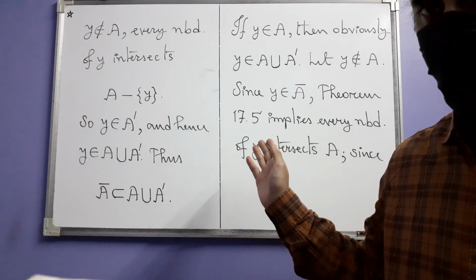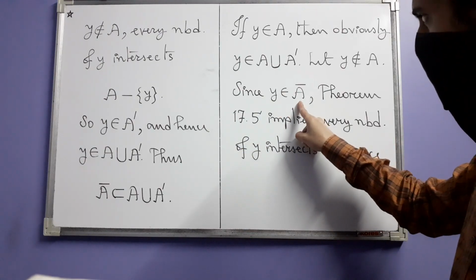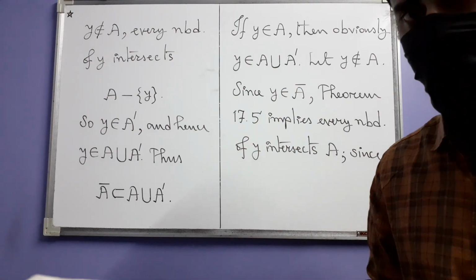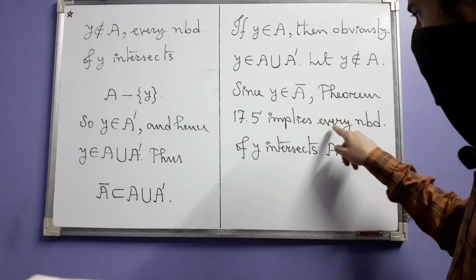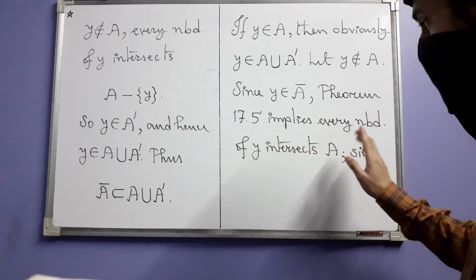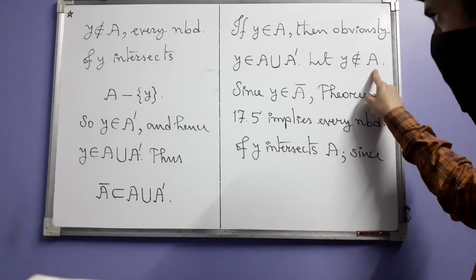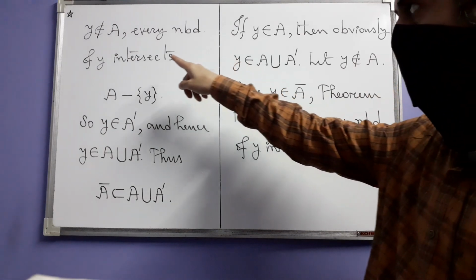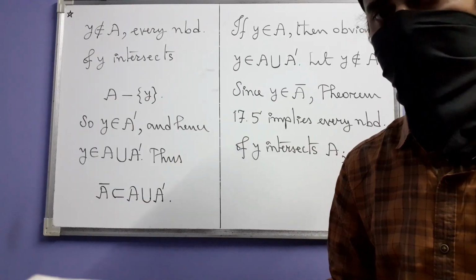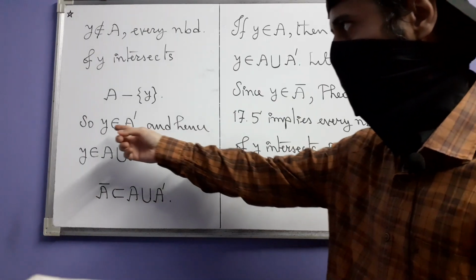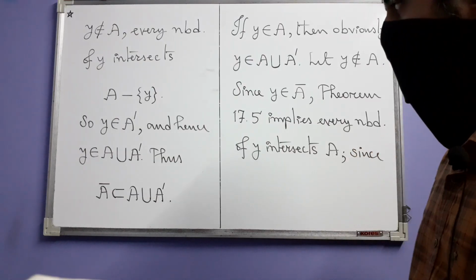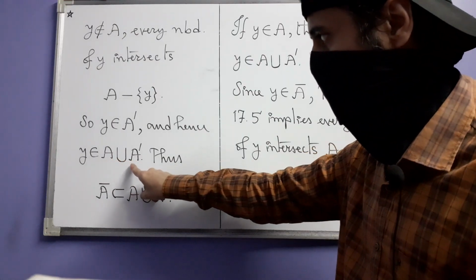This is the consequence. Since Y belongs to A closure, by theorem 17.5 again, because it works both ways, that theorem implies every neighborhood of Y intersects A, but at the same time, because Y does not belong to A, every neighborhood actually intersects A difference Y. But then by definition Y becomes a limit point of A, so Y belongs to that set A prime, and that is why Y belongs to A union A prime.